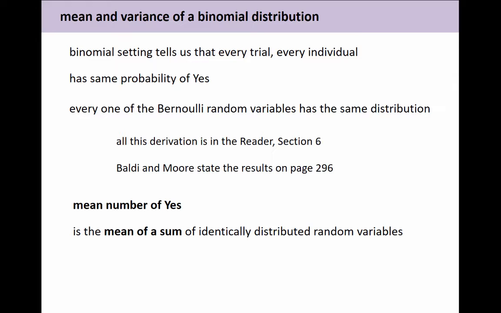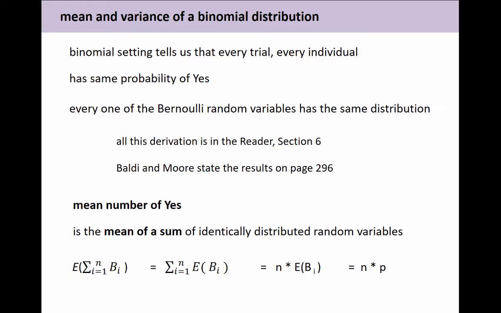So the mean number of yes is the mean of a sum of identically distributed random variables. So using the notation with the b sub i's for the Bernoulli random variables, the expected value of the sum is just the sum of the expected values of the b sub i's, and because they're all the same, that's just n times the expected value of one of them, which turns out to be n times p.